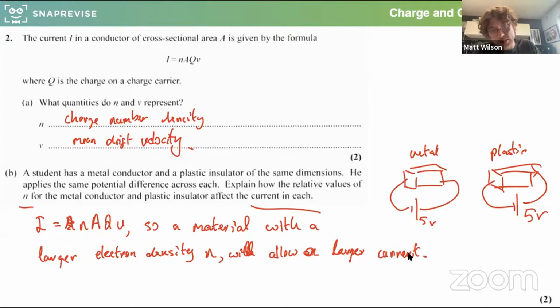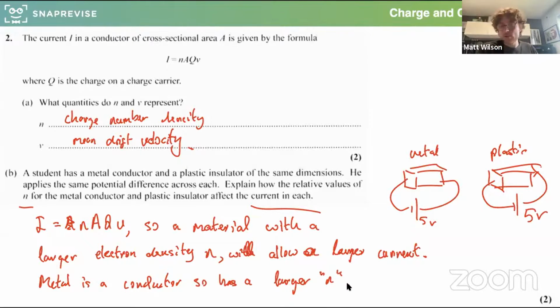And then just to piece this together, we should say which material actually has this. Metal is a conductor, so has a larger N. And that does it.